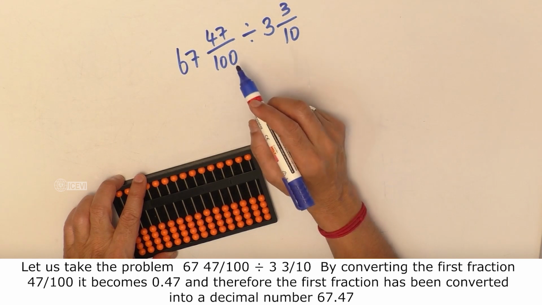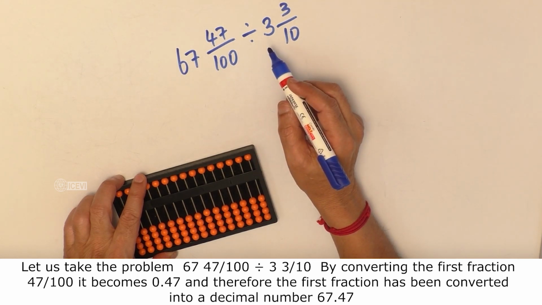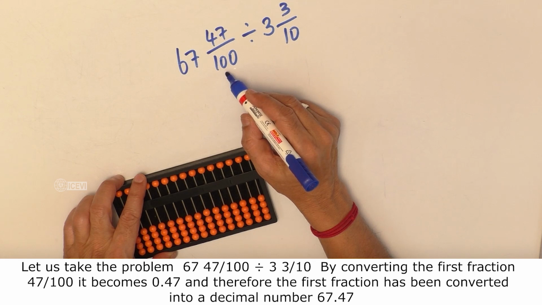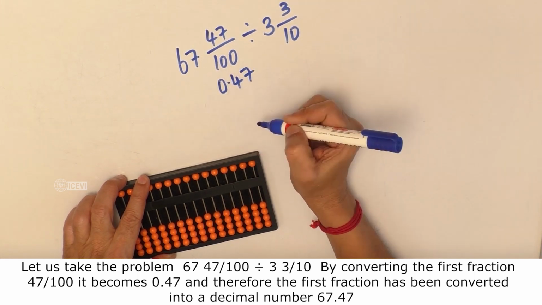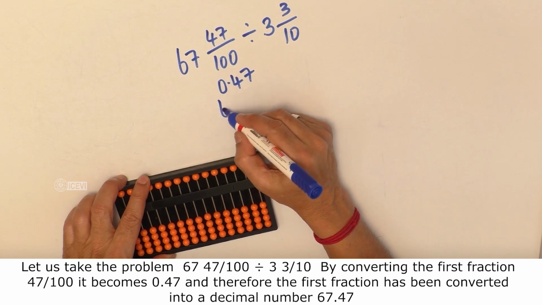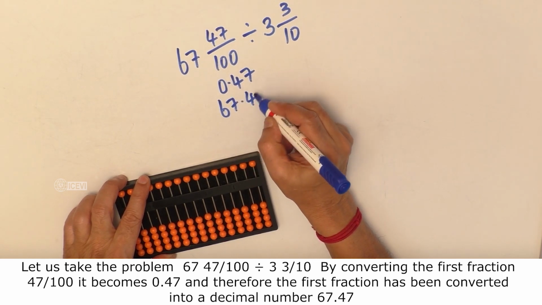By converting the first fraction 47/100, it becomes 0.47, and therefore the first fraction is converted into the decimal number 67.47.